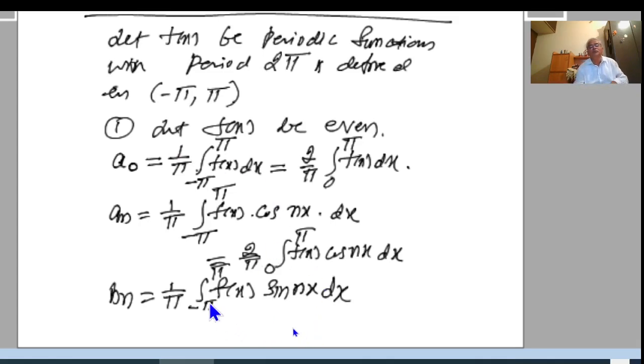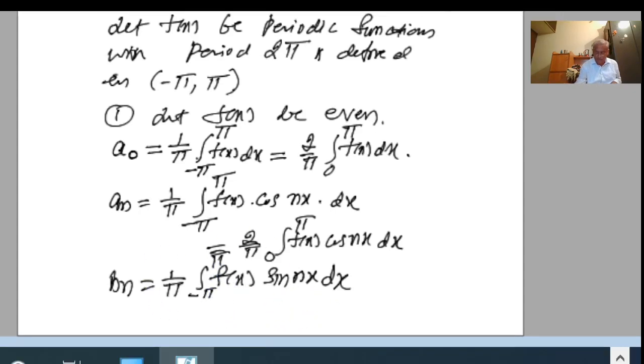Now here f of x is an even function. Sine is an odd function. Even into odd is odd. So this whole thing is an odd function. If this is an odd function, then by the property of definite integral, minus a to plus a of an odd function has value 0. So therefore bn becomes 0.